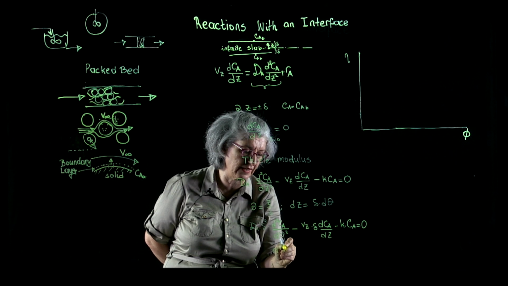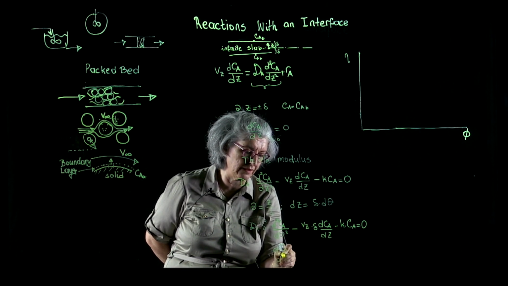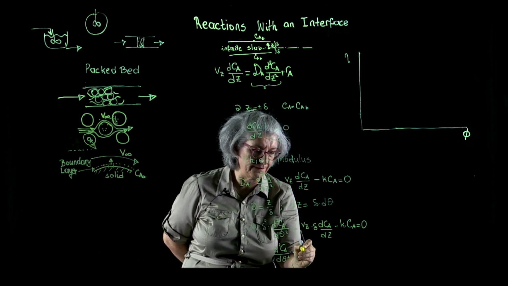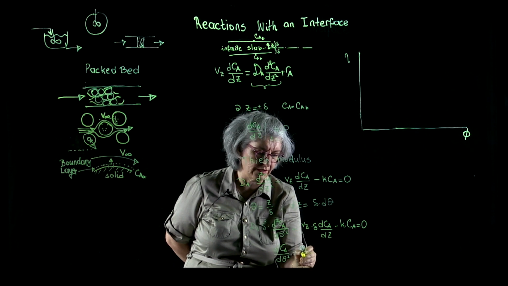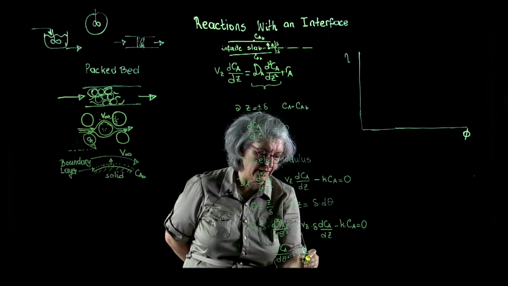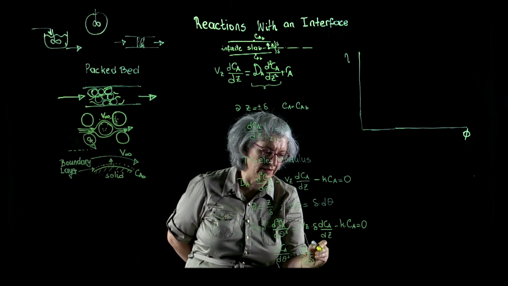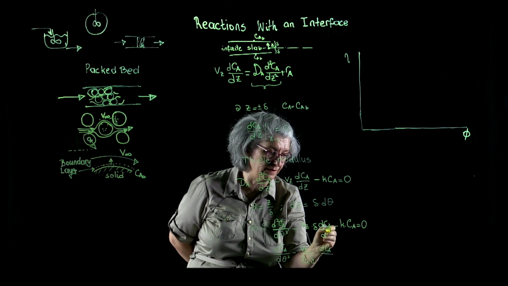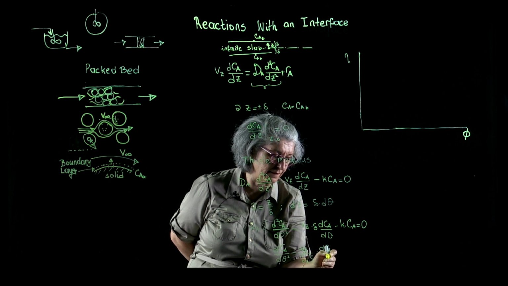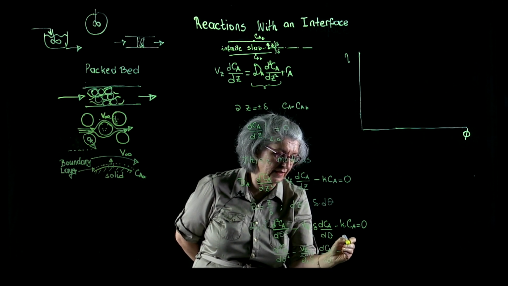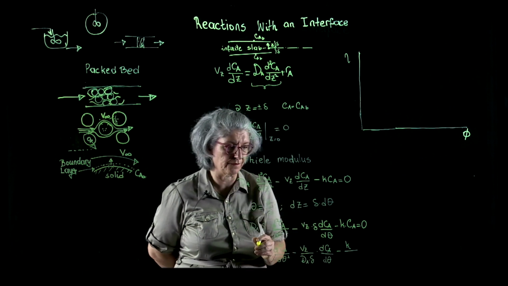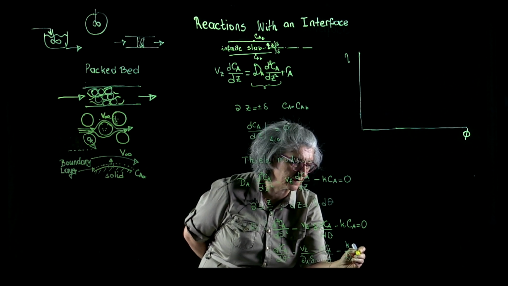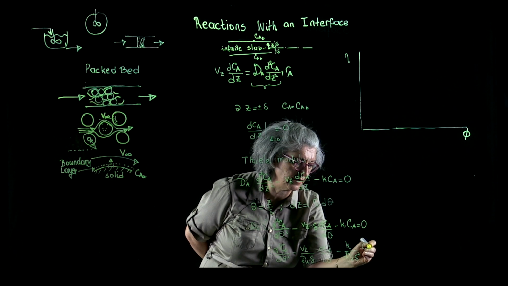We have d square Ca over d theta square minus Vz delta over dA times dCa over d theta, minus k delta square over dA times Ca, equal to 0.